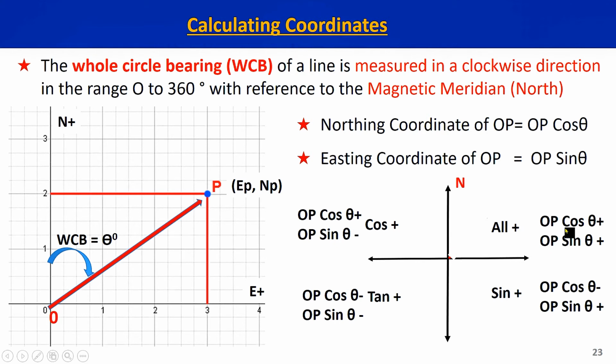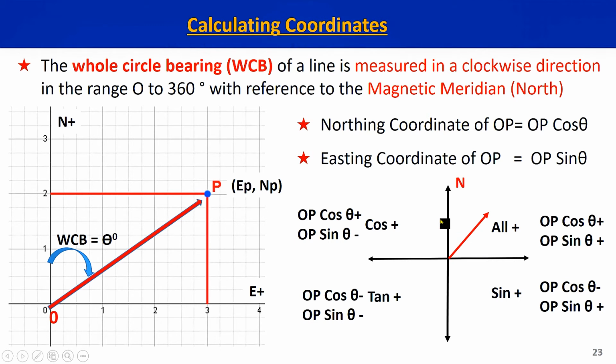So we can get the northing coordinate of the OP line. The equation is OP cos theta. From OP cos theta, we can get the northing coordinate of the OP line at the P point with reference to the origin, right? And the easting coordinate can be taken from OP sin theta.